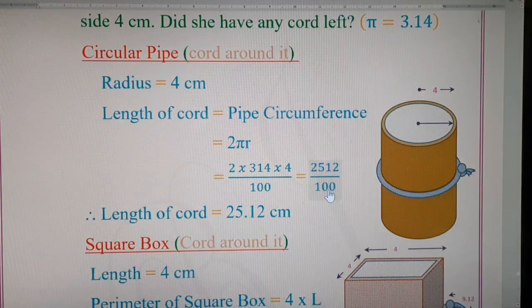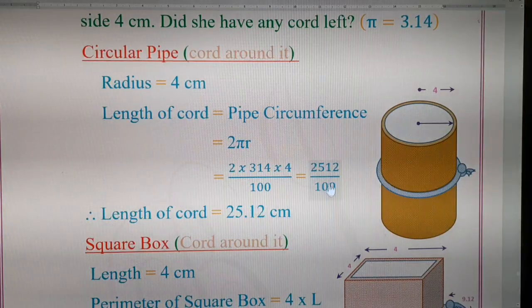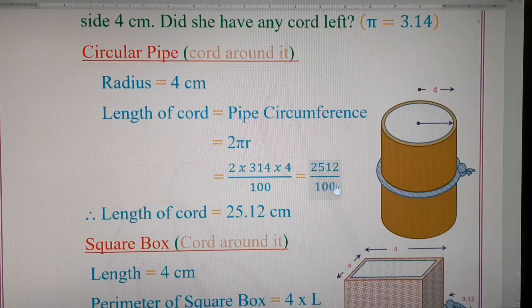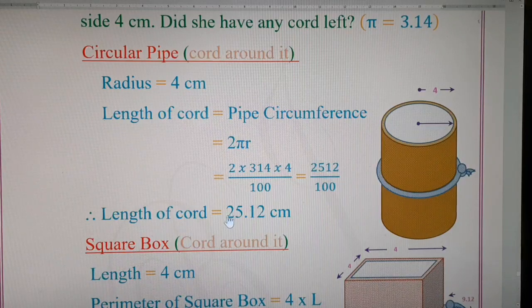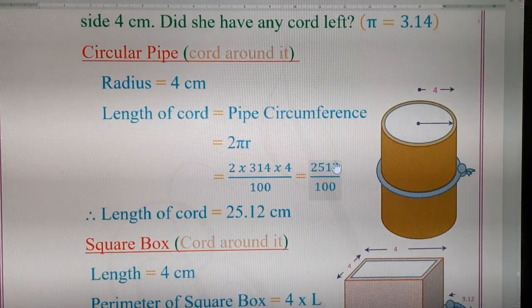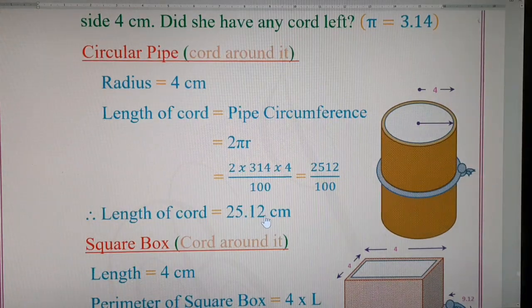This we can further solve by converting it into a decimal number. Whenever in the denominator 100, 1000 or 10 or multiples of 10 are given, we can write the numerator integer as a decimal number. So here the numerator integer 2512 can be written as 25.12, because the denominator there is 100.